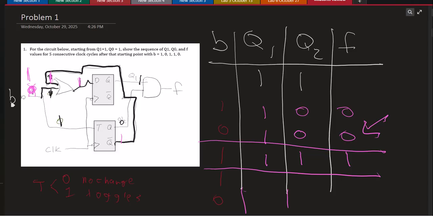I don't change Q2 to 1 and Q2 naught to 0 before I calculate what Q1 is. And so I still have a 1 here. B was 1. 1 or 1 is 1. And so I get Q1 is 1, but Q2 is now 1 because it was the toggle.